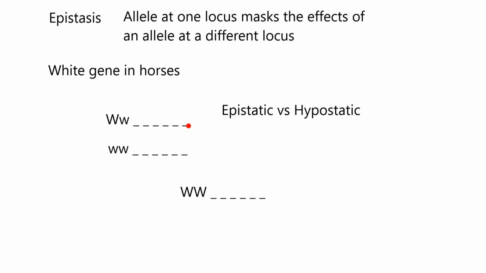So this place here, whatever the gene is, I haven't told you, but it's hypostatic to the large W. So that's epistasis. A great example, the white gene in horse is epistatic to all the other genes, the solid color genes as well as the style. It's going to be a white horse if it's got large W, little w.